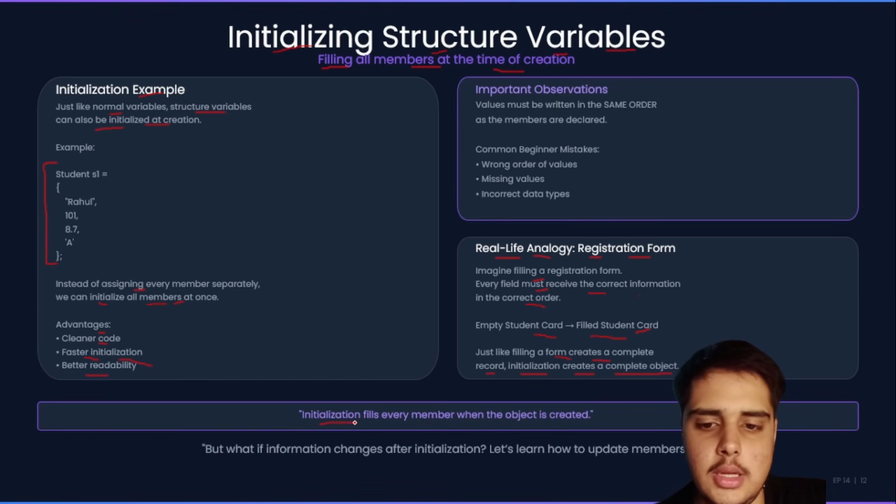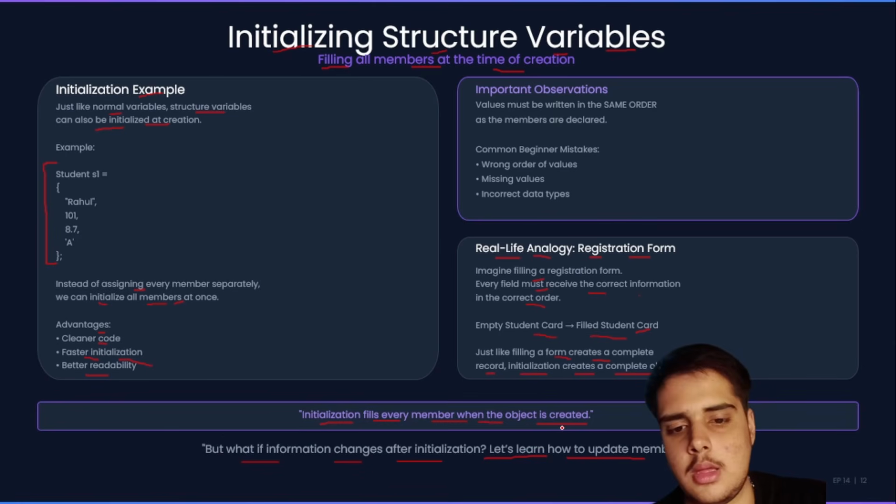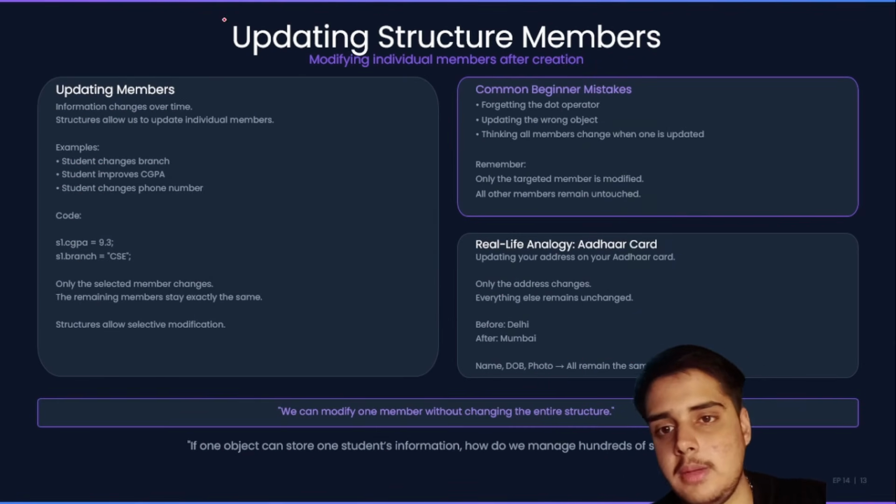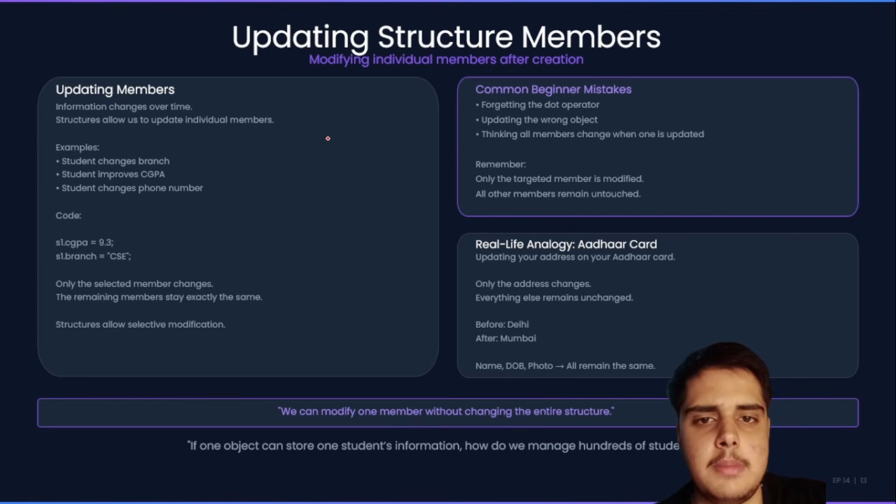Note: initialization fills every member when the object is created. But what if information changes after initialization? So let's learn how to update members. Updating structure members, or modifying individual members after creation.